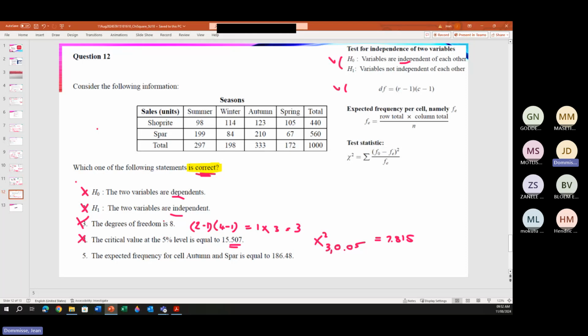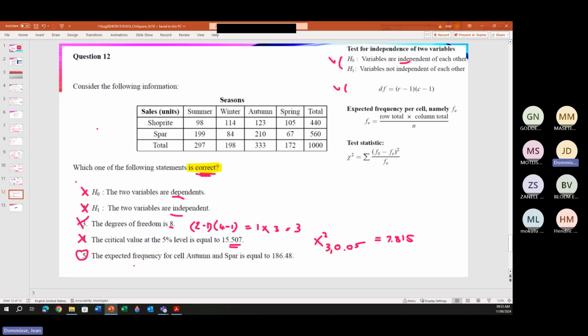So if you went with that degrees of freedom, you would have gotten that answer as well. That is where they got that 15.507, if you worked with degrees of freedom of 8. Okay, so the first 4 are all wrong, so this must be correct.